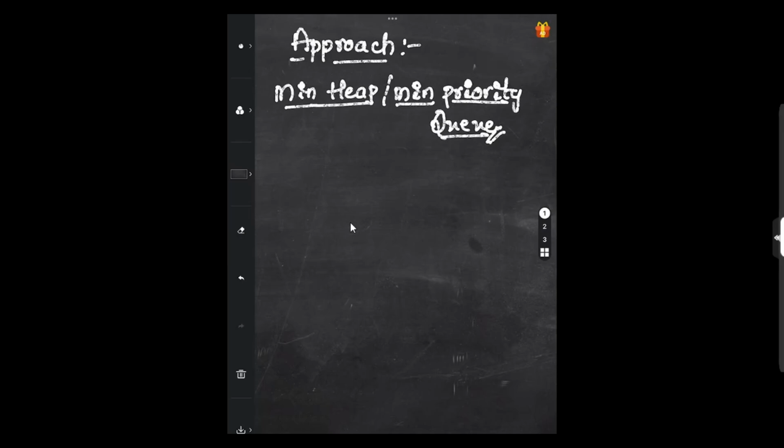First step: instead of sorting the entire array every time, we can just make use of a min heap, or priority queue, of size k.